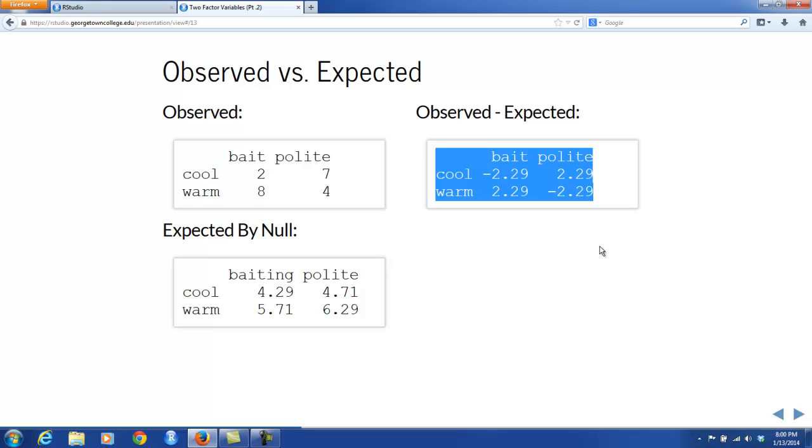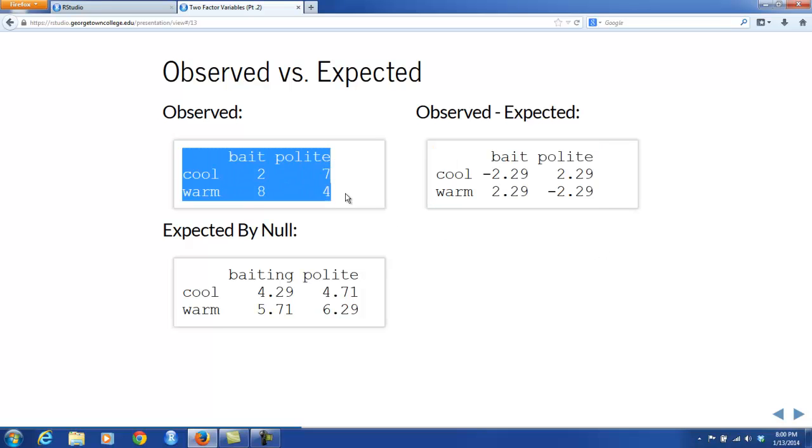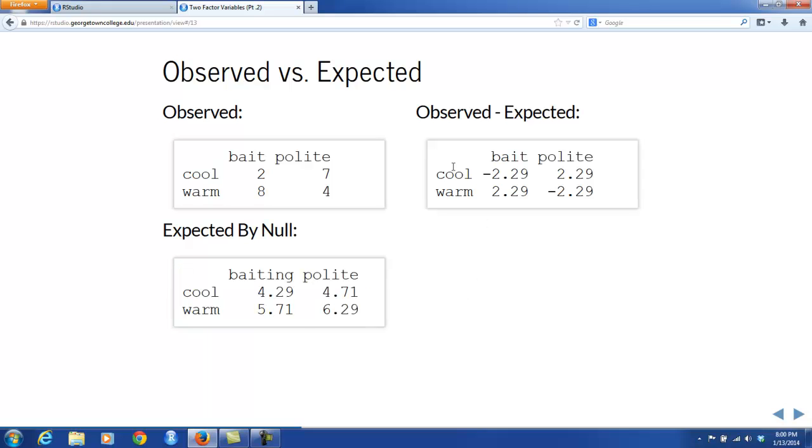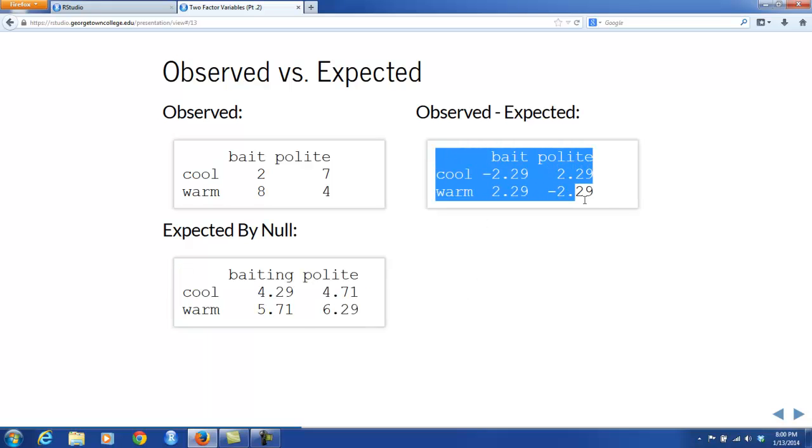What we would like to do is to find one number that describes how much the observed table differs from the expected. That is, one number that sort of describes how different these four numbers are from 0.